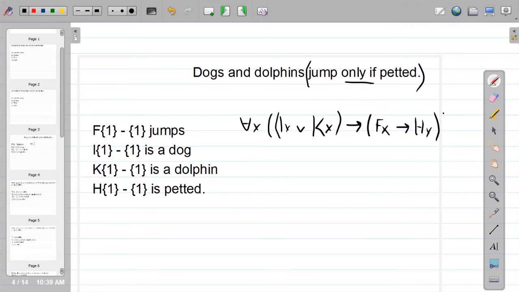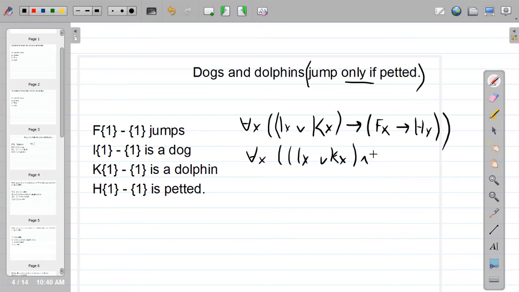Yeah? Could you have the first conditional be an and? This conditional? Yeah, so like Ix or Kx, the bracket, and then Fx, and then conditional Hx. Let's take a look. So the suggestion is we do this: Ix or Kx, and Fx.